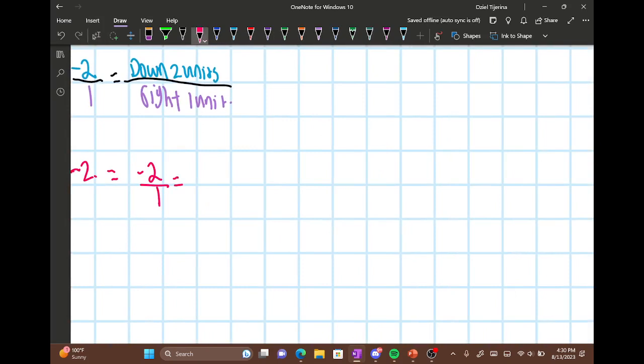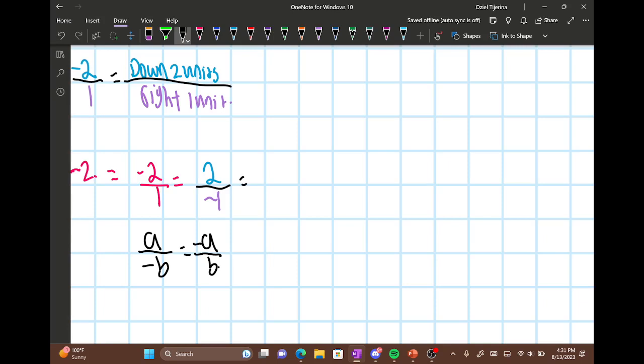But what if I also said that this is 2 over -1? Like the last example, we can rewrite it as 2 over -1 because of that rule: a over -b is negative a over b, right?